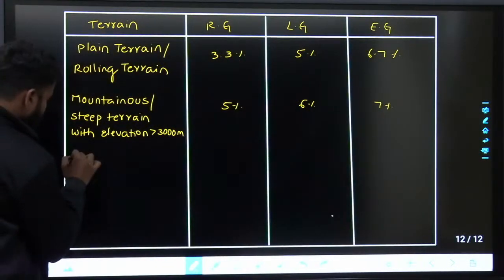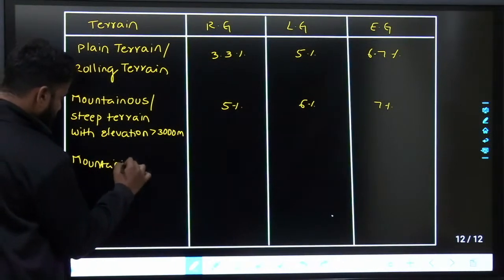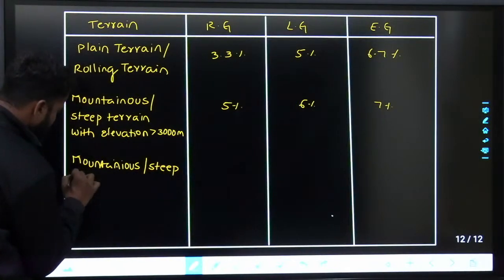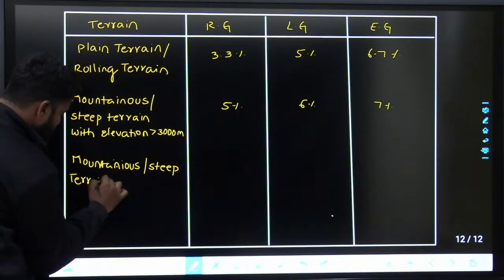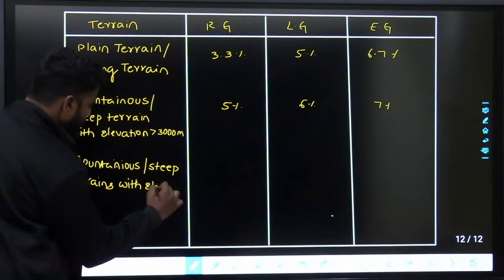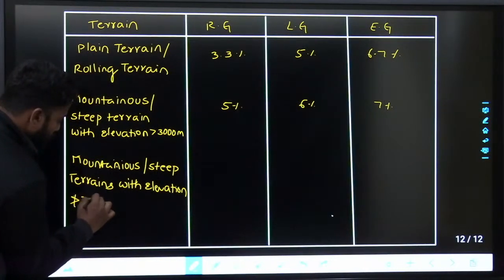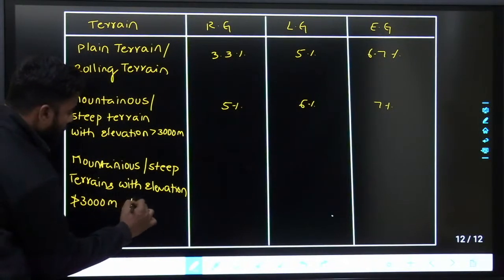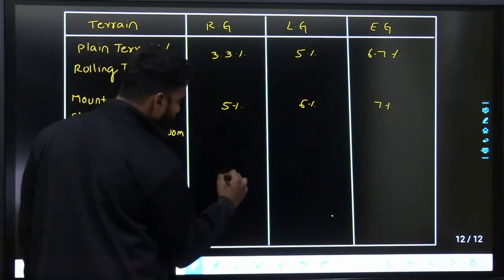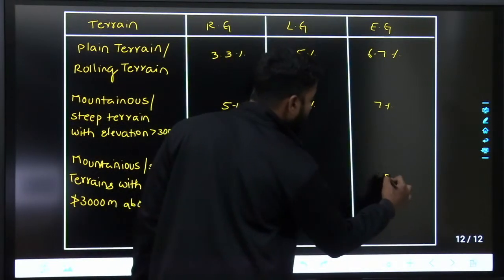And mountainous or steep terrains with elevation not more than 3000 meters above MSL, it is 6%, 7%, 8%.